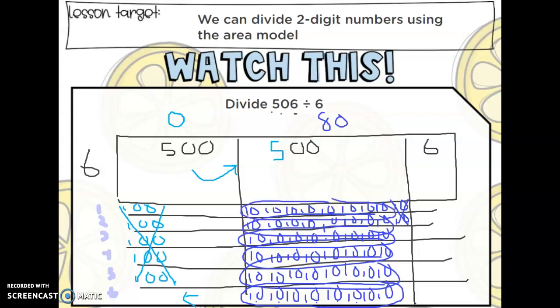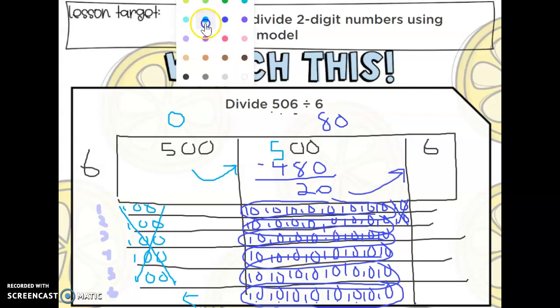And all together, if I added up all these tens that I used, I've used 480. When I subtract, I have 20 left over, right? And you can see that 20 right over here that I crossed off. I could not group those, so those are my leftovers that now need to go to my ones.